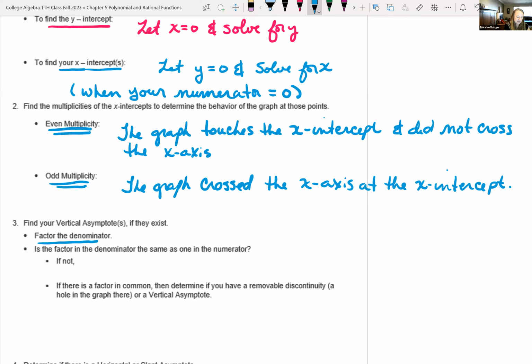And then we asked ourselves, is that factor of the denominator the same as one in the numerator? If not, then we have a vertical asymptote where that factor equals 0.